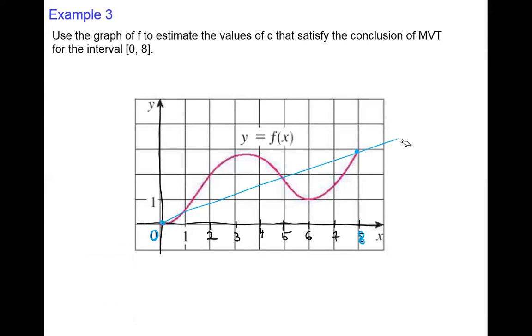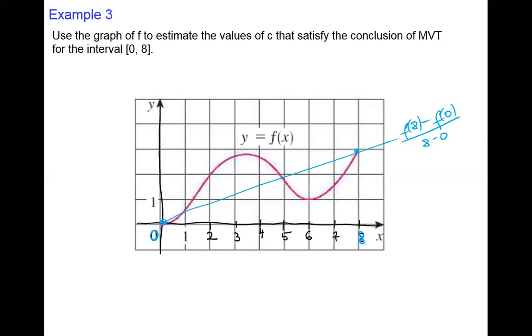Oh, I did. Okay. We can see this is the average rate of change. The slope is f of 8 minus f of 0 over 8 minus 0. And now we're looking for values where drawing a tangent, I will have the same slope, parallel lines.